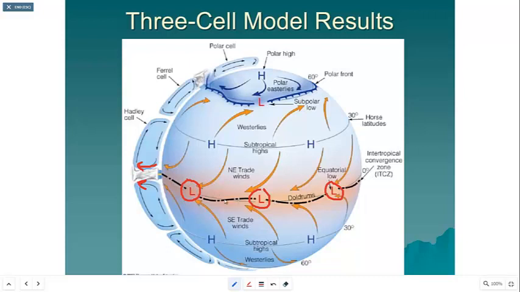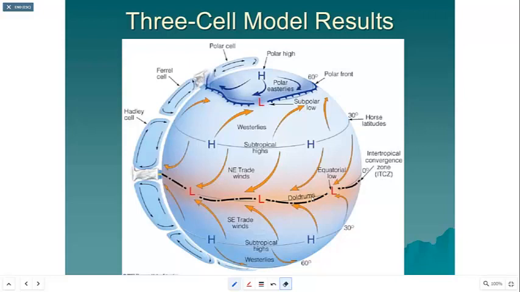Therefore, you do have a lot of thunderstorm activity along the equator due to this belt of low pressure systems, and this is where you would find the Earth's tropical rain forest. Okay, some of the names for this region: doldrums, equatorial low region. This is probably the one I use the most, the intertropical convergence zone, ITCZ for short.